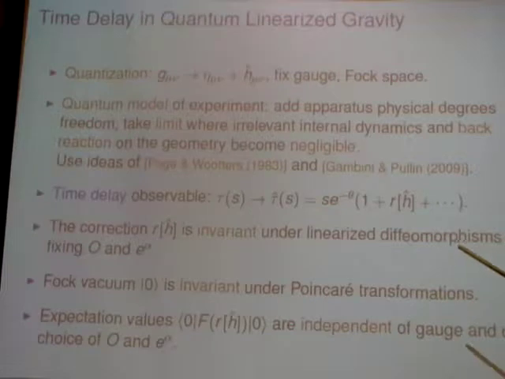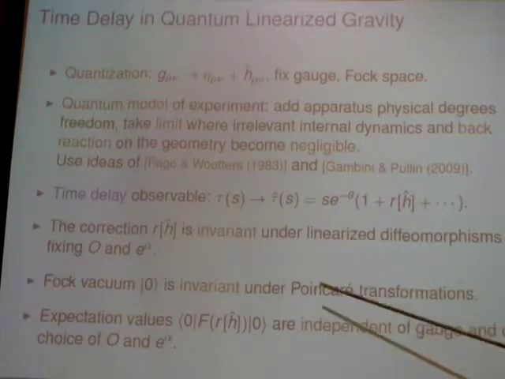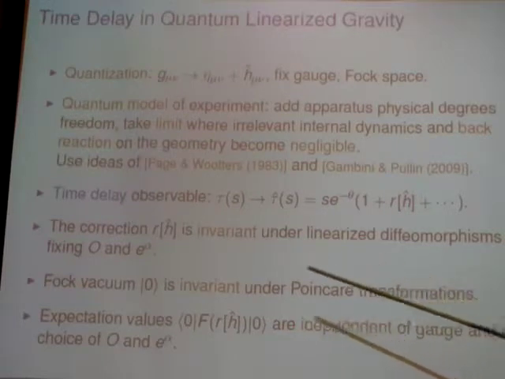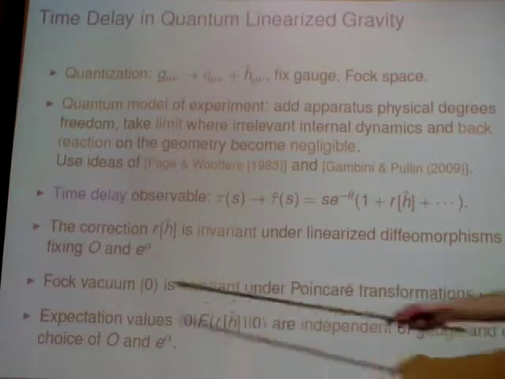And so you will only expect this quantity to be invariant under diffeomorphisms that fix the special point O and the frame at it. But the remainder of the gauge degrees of freedom that you should consider in gravity diffeomorphisms is then the Poincaré transformations that move this point around and transform the frame.